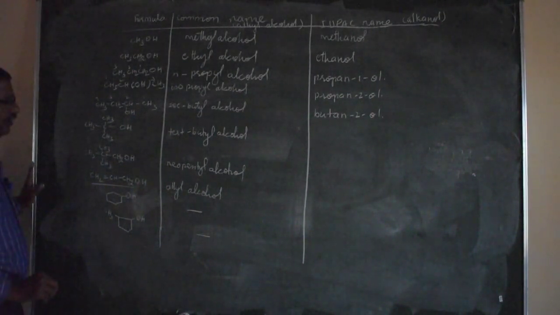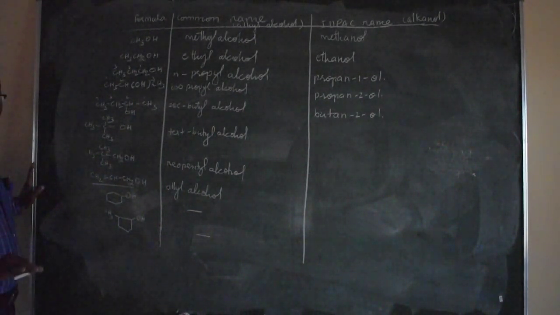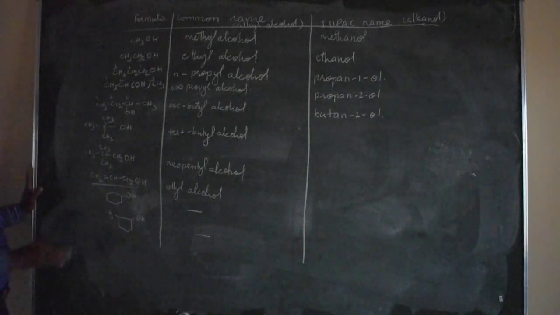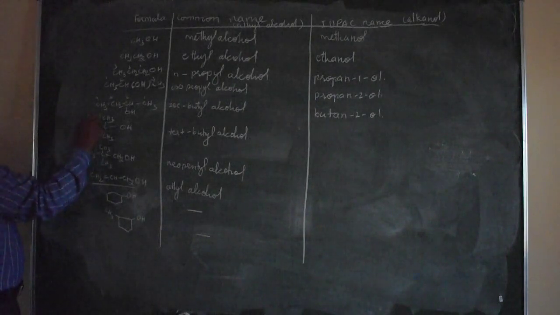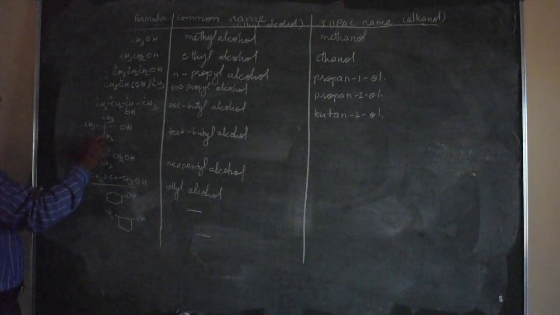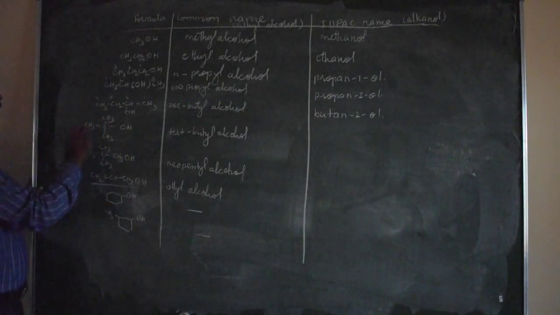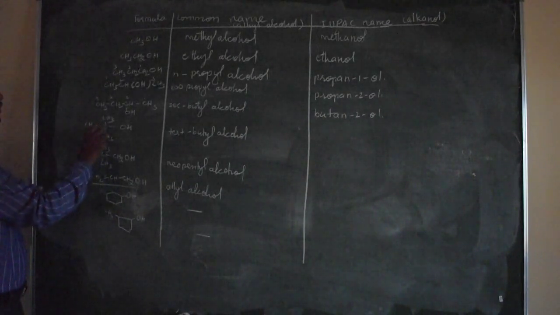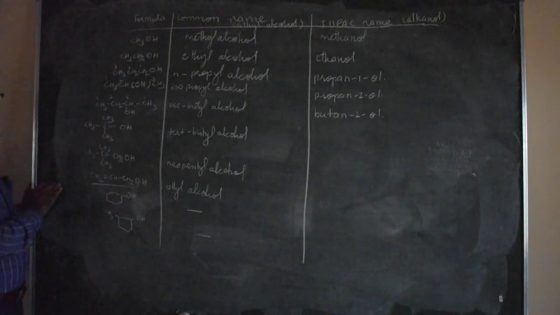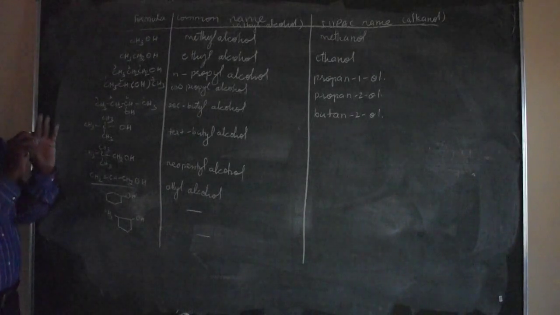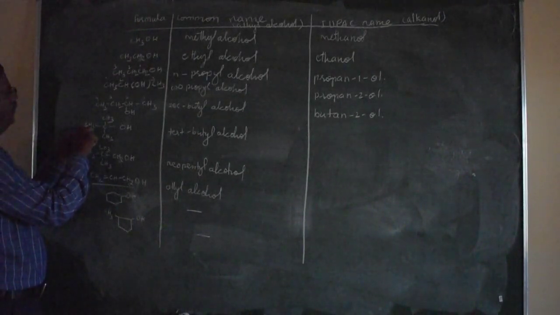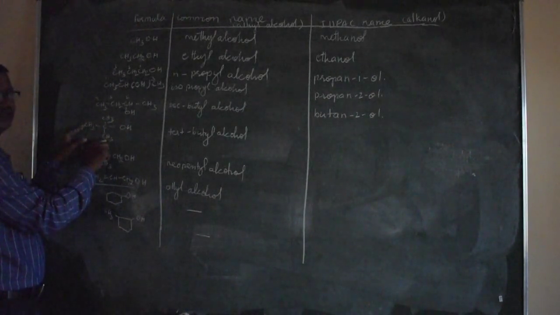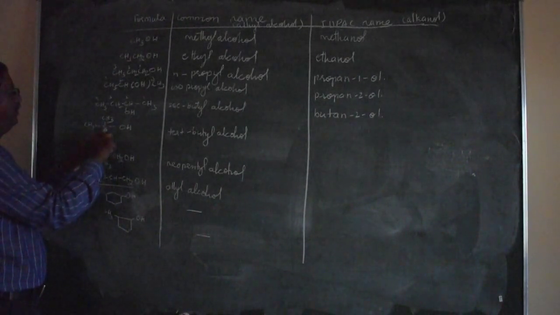Now numbering is important, from the end close to the functional group. You may number from this end 1, 2, or you may number from here 1, 2, 3. Which method is correct now? Both are correct because you have to select the longest chain. The longest chain contains only 3 carbons, a continuous chain 1, 2, 3.